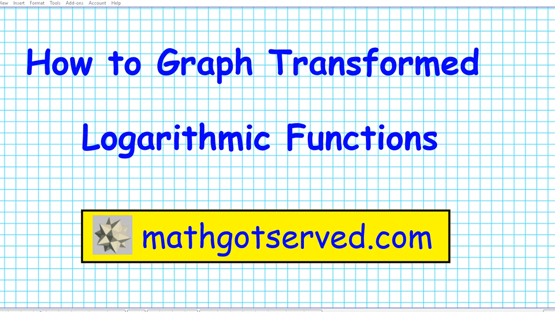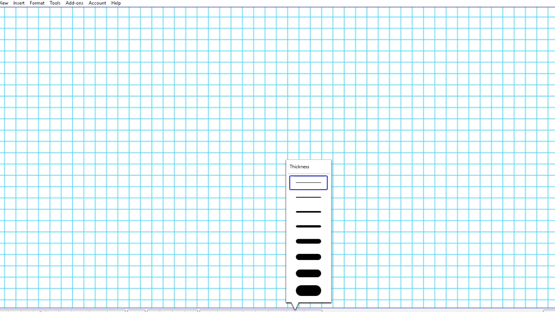In this clip, we're going to be going over how to graph transformed logarithmic functions. The instructions for the example we're working on are as follows. For the given log function, what we're going to do first is find the intercepts of the parent function.